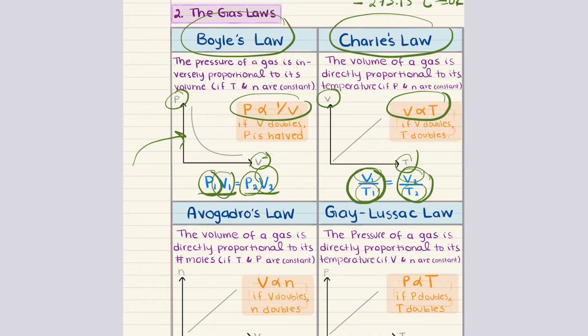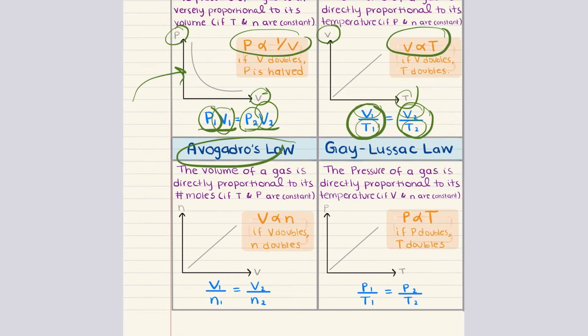Let's now talk about Avogadro's law. Avogadro's law states that the volume of a gas is directly proportional to the number of moles when temperature and pressure are held constant. And so what does that mean? That means that if number of moles increases, then the volume increases proportionally.